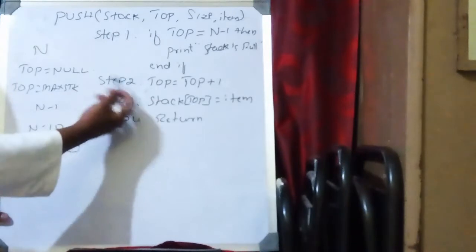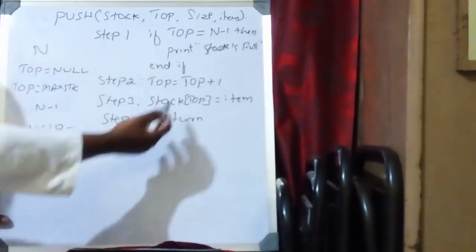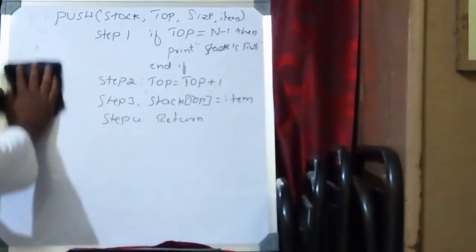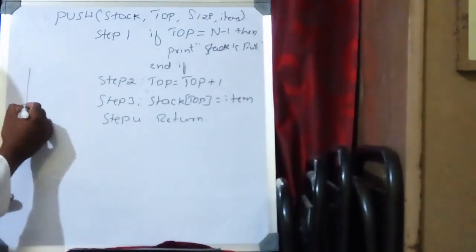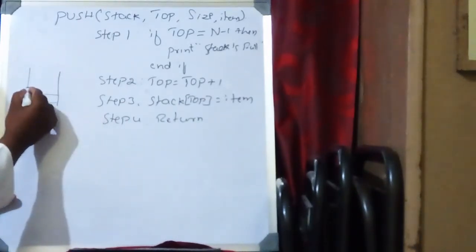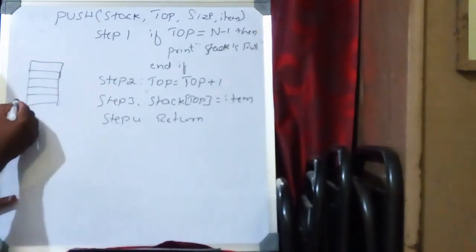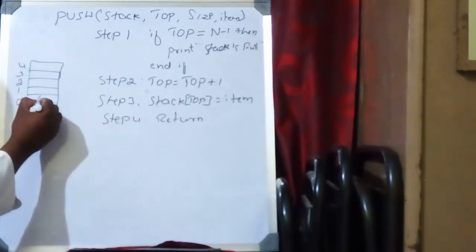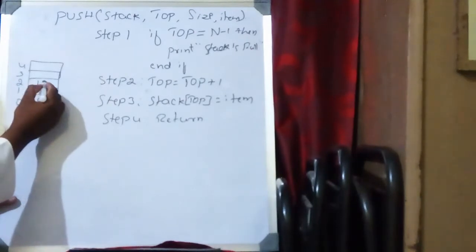Clear? Next step: if the condition is false, then these are the steps. What are these steps? For example, I will take one stack. This is one stack: 0, 1, 2, 3, 4, with elements 6, 9, 12, like that.